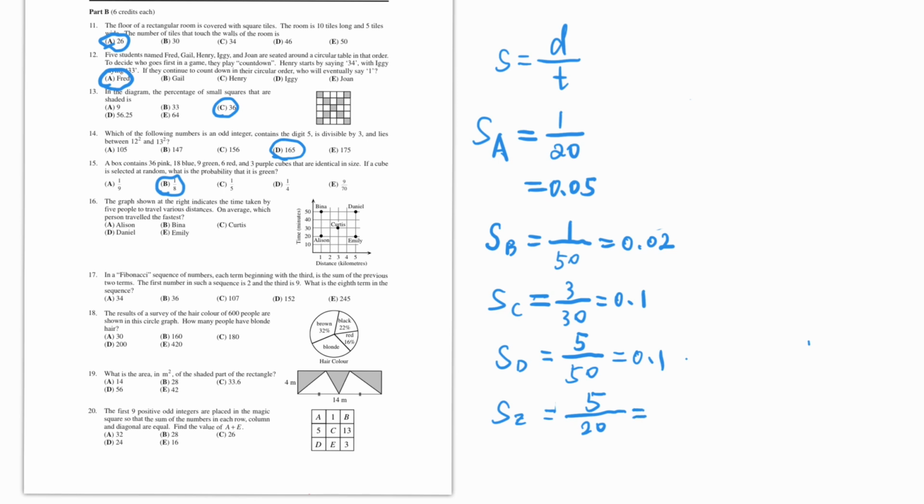That's 0.25. So the fastest person is 0.25 kilometer per second. That's Emily. So the answer is E.